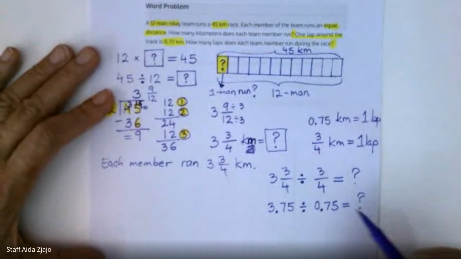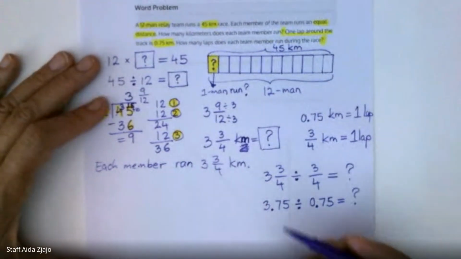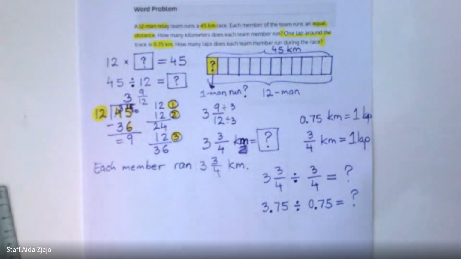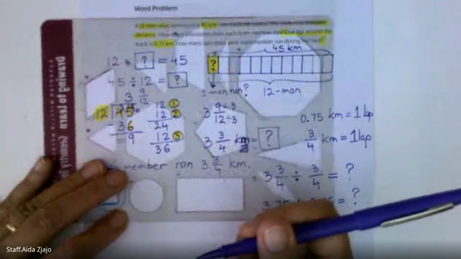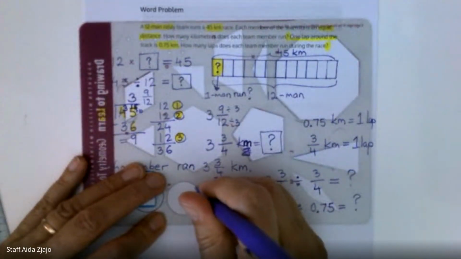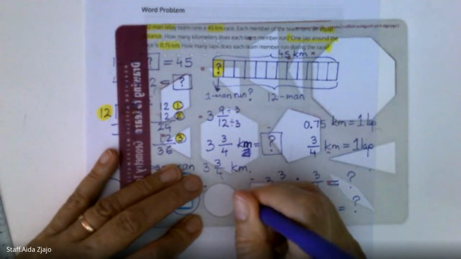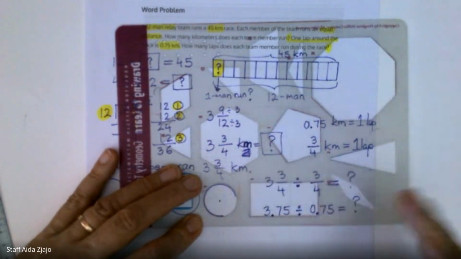So let me see if I have the circle. Okay, I'm going to use my tool to recreate 3 wholes. 1 whole, 2 wholes, 3 whole kilometers. And then I also have 3/4 of the next one.